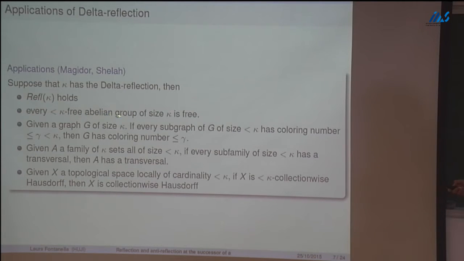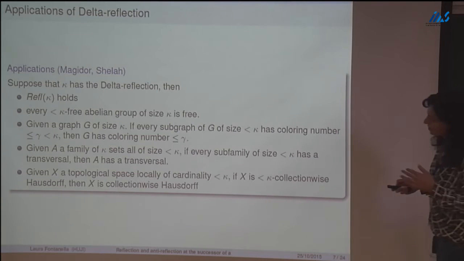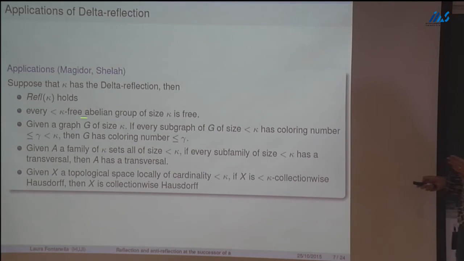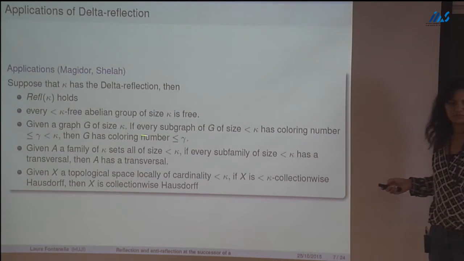So if you have an abelian group which is kappa free, it means that every subgroup of size less than kappa is free. Then if the group has size kappa, then it is free. Okay, and it implies other properties for structures of various kinds.